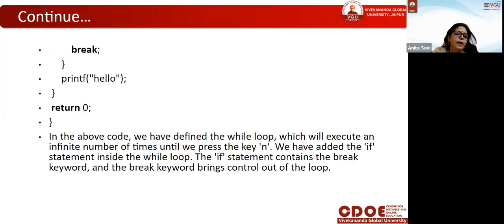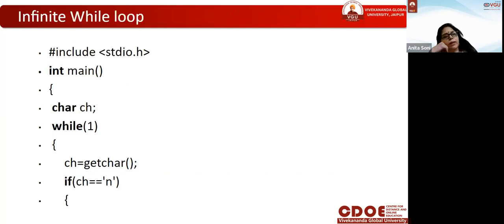Otherwise, it will print hello. Why is it called an infinite loop? You can break the loop because inside the loop you have used a condition. If ch equal to n, then the loop will be terminated. But suppose you are not entering n, then the loop will become infinite. Otherwise, an infinite loop can be terminated by testing a condition. So here, while one is an infinite loop.